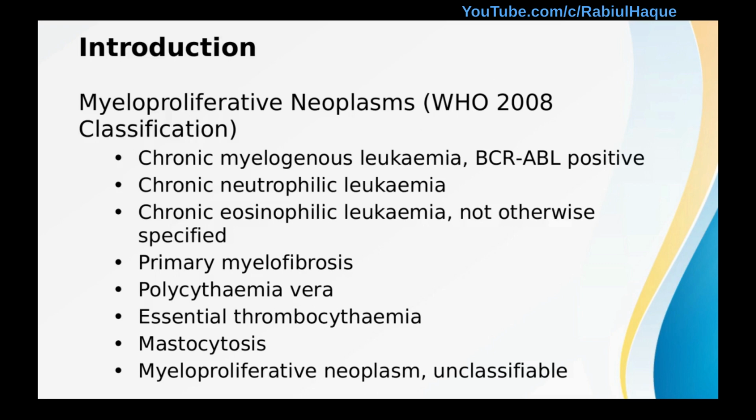Now, the reason I am showing you this classification is to say that chronic myeloid leukemia is a myeloproliferative neoplasm, but there are other neoplasms in this myeloproliferative neoplasm group, and that's why I had shown you this classification.